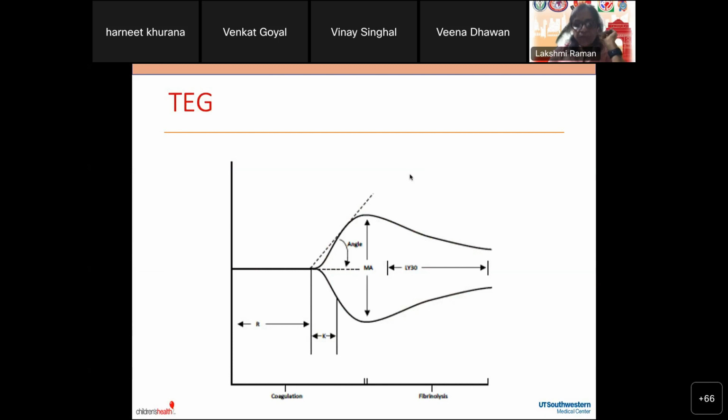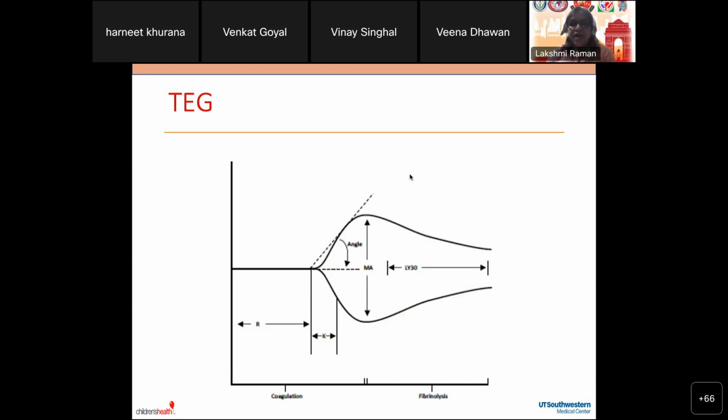So I'm going to quickly walk you through the things that we measure. R is the reaction time, the initiation of fibrin formation, and this is what we measure for the heparin effect. K is the kinetic time for fibrin cross-linkage. Angle is the slope from the baseline of the clot formation. MA is the maximum amplitude, and it really measures platelet activity.